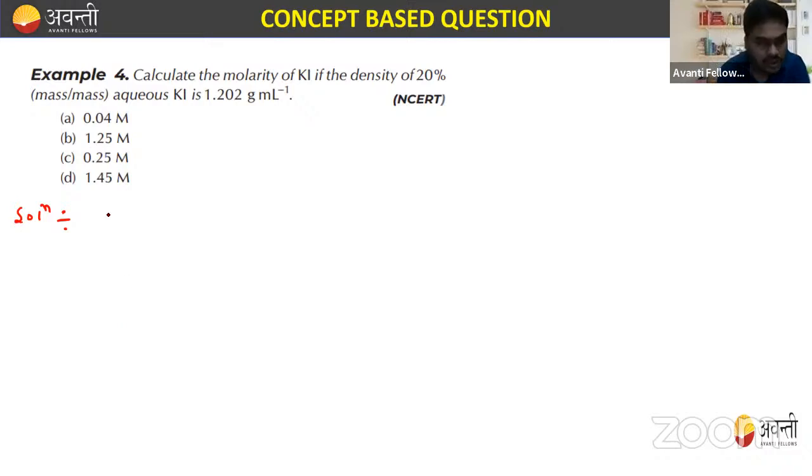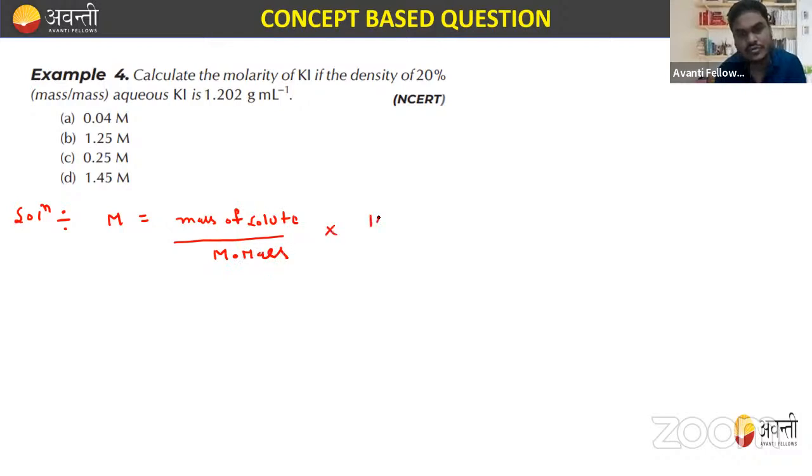For example, we all know what molarity is. Molarity is represented by capital M. And how can we find molarity? Molarity is nothing but mass of the solute divided by molar mass, into 1000, divided by volume of the solution.